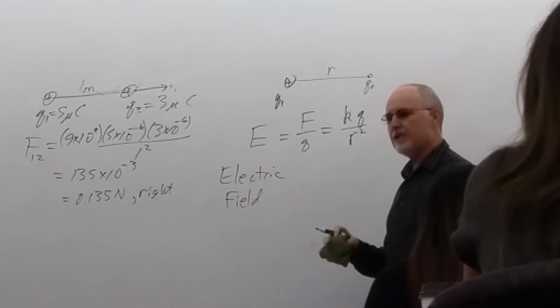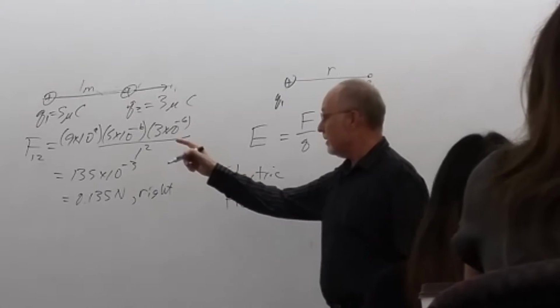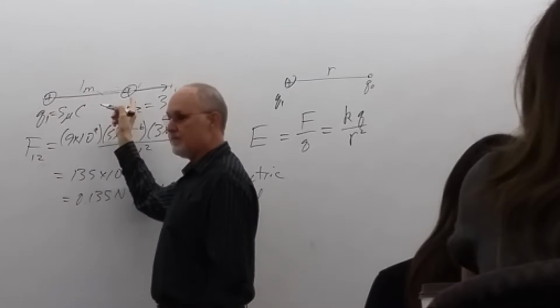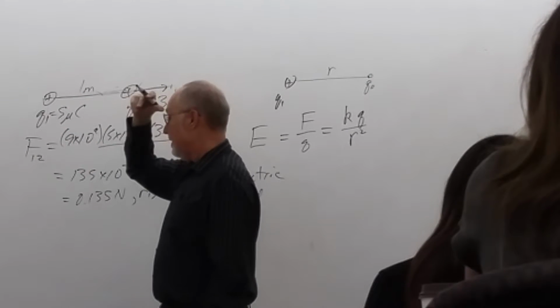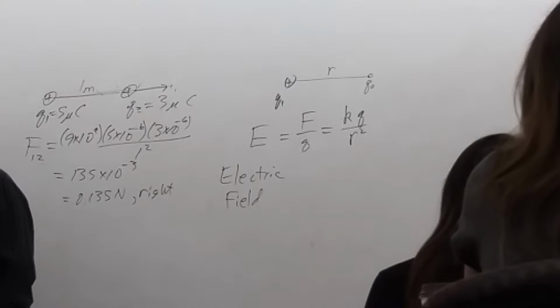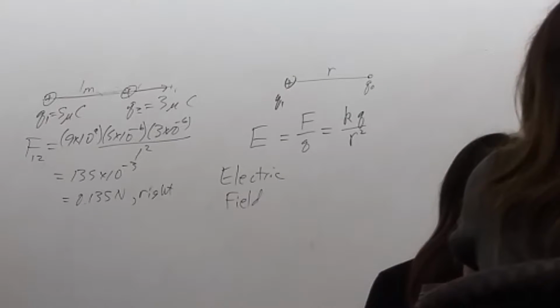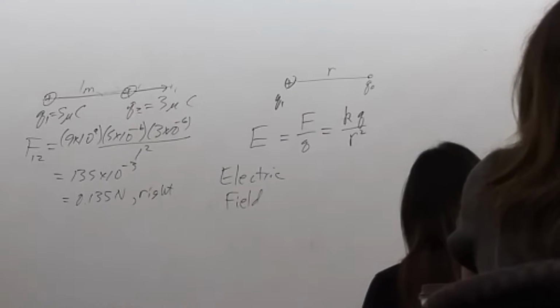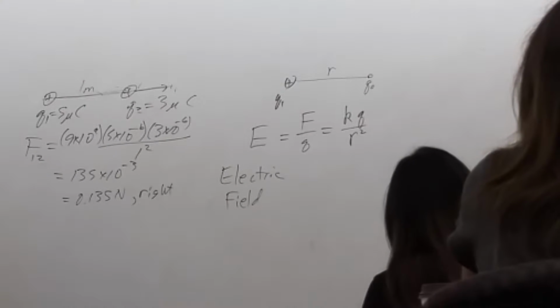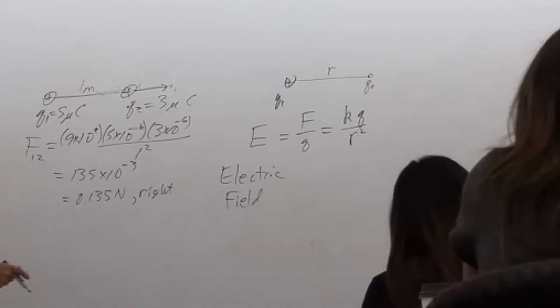Again, r is the distance away from the charge. Like in the force equation, r is the distance between the two charges. Don't think of that as a radius. It's not a radius. It's the distance from one charge to the other charge. The point is that you're calculating the electric field away from a charge.